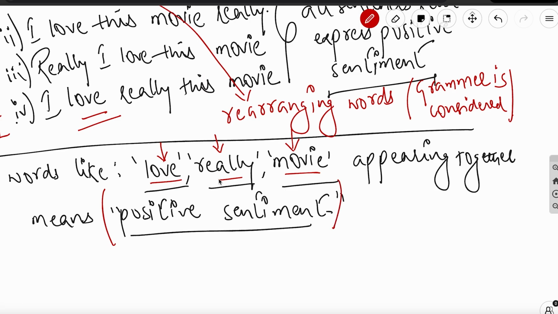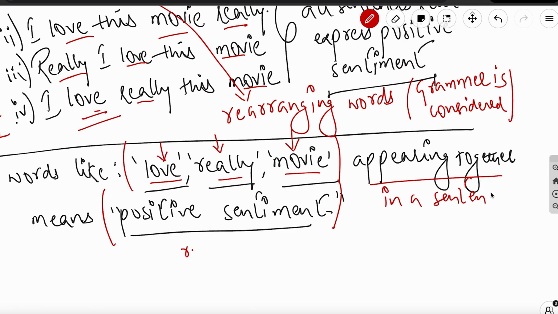So love, really, movie, now they can be in any order. Like we see here, I really love movie, love movie really, love really movie. So these words are rearranged, but whenever they are appearing together in a sentence, it means it's a positive sentiment being expressed by that sentence.